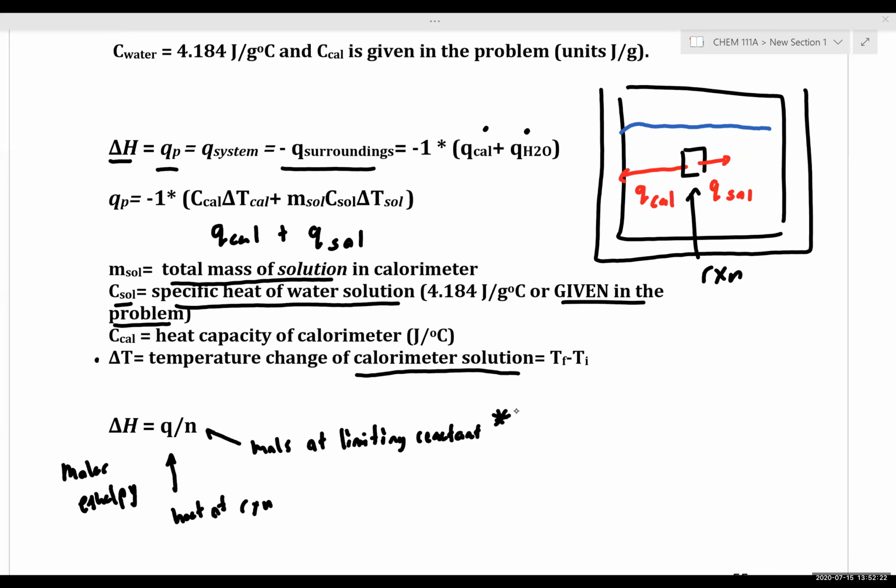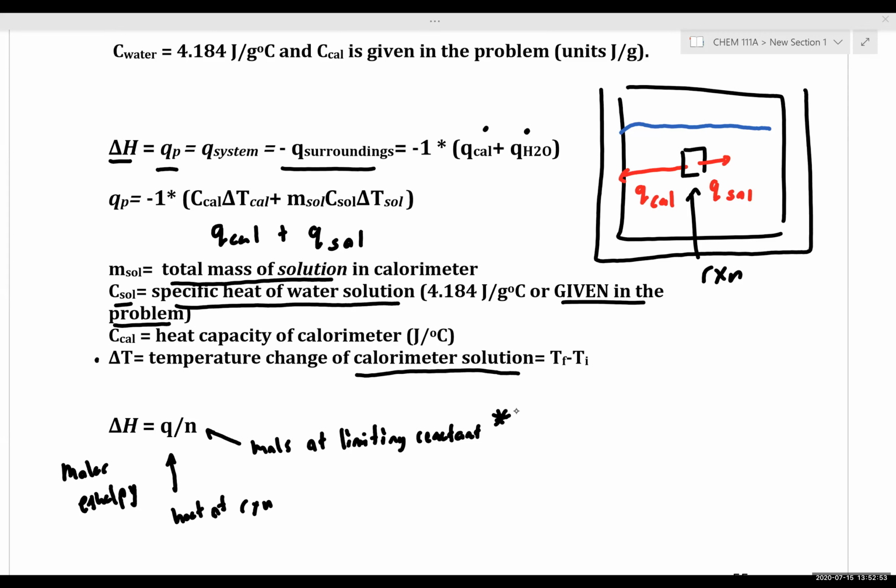In coffee cup calorimetry, the reaction and the reservoir, or the calorimeter solution, are in contact with each other and mixed together. So the total mass of our solution is not just the mass of water, it's the mass of water plus everything else that we mix together in our calorimeter. That's exactly right. Does that make sense? Did that answer your question?